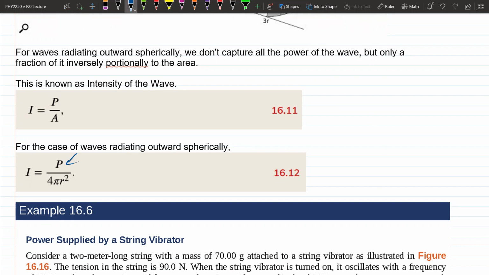So this is the power we found before, and this is the surface area of a sphere. That's what the 4 pi r squared means. The bigger that sphere, the less power per area it gives, the less intense that sound is, so it's not as loud.